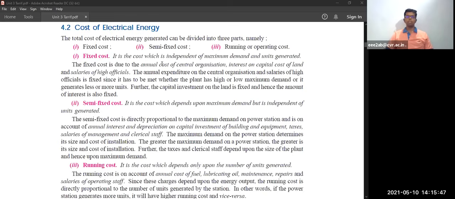There also they might give some funds, like a hill area development fund, so that employees may work happily. So salaries itself are a very big task, and that should also be included in the fixed cost.